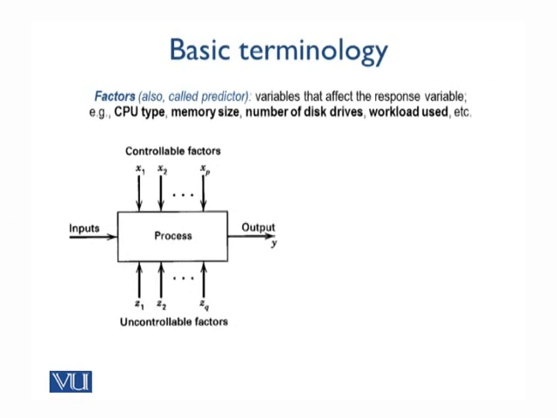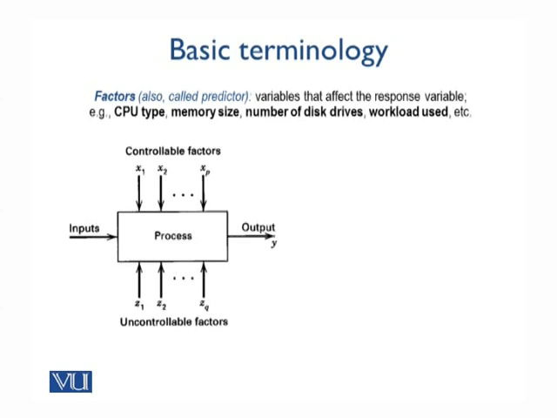A factor is also known as a predictor. If you recall our discussion on regression, there we discussed independent variable and a dependent variable. The independent variable was something that you can control, and you are seeing how controlling that affects the dependent variable. The terminology in the context of design of experiments now is a factor.